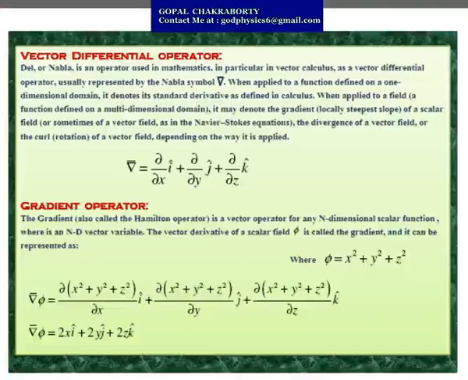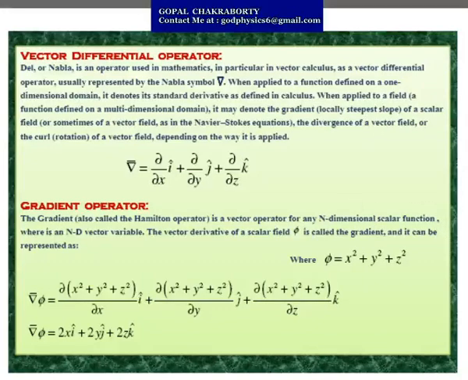Now I am going to tell you what a vector differential operator is. Here is our vector differential operator. It has many names: Del operator, Nabla operator, gradient operator, divergence operator, curl operator, and so many more. This is the general form of the vector differential operator.